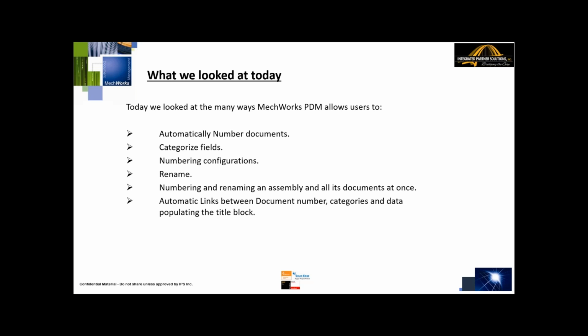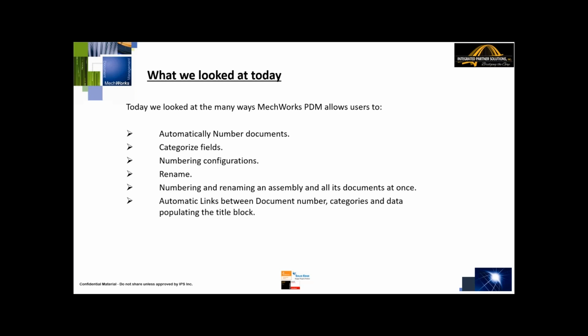We looked at how easy it is to rename a document, whether it's a CAD file or whatever kind of document you have inside of MechWorks PDM. It's easy to rename it. We looked at numbering and renaming an assembly or the parts in the assembly all in one go.